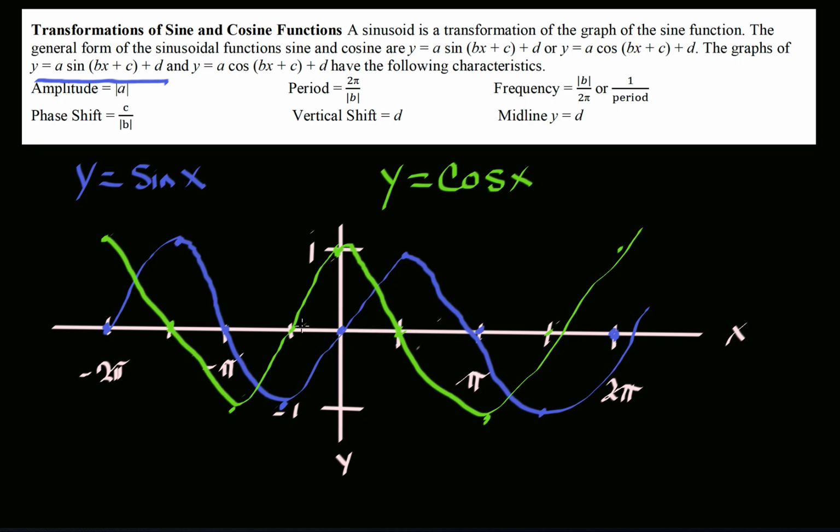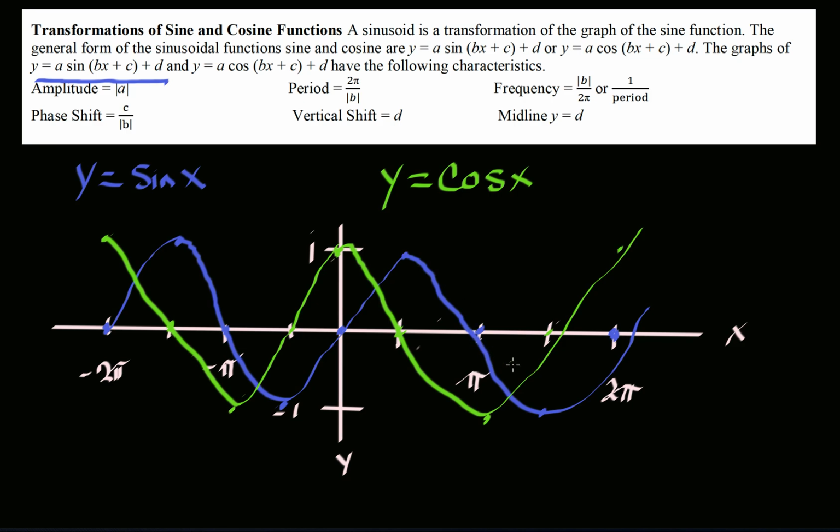And not a big deal, right? They're just shifted over a little bit. They both have an amplitude of 1. You see that the cosine function here, that's the green one, starts at 1 on the y-axis, right? 0, 1 on the y-axis, whereas the sine starts down here at the origin, okay?